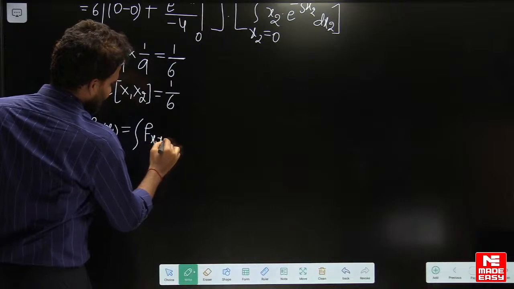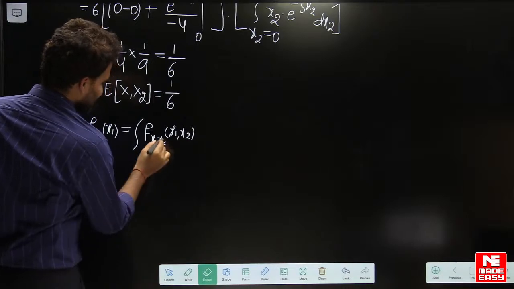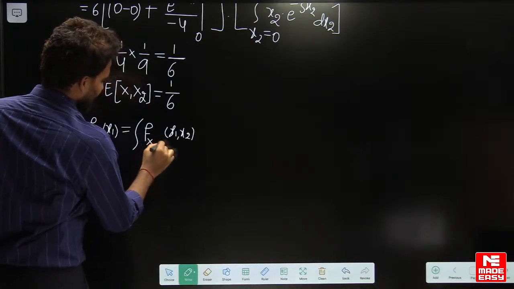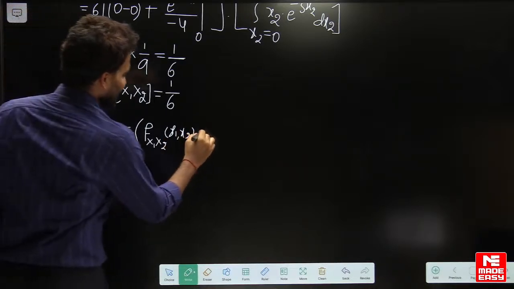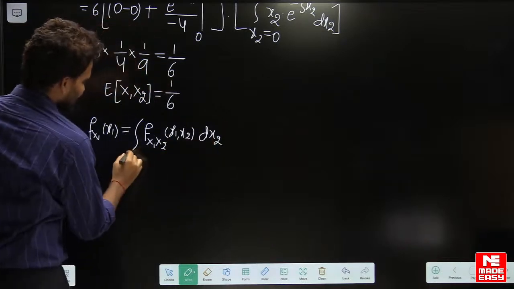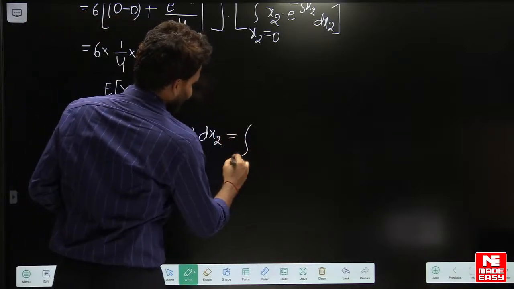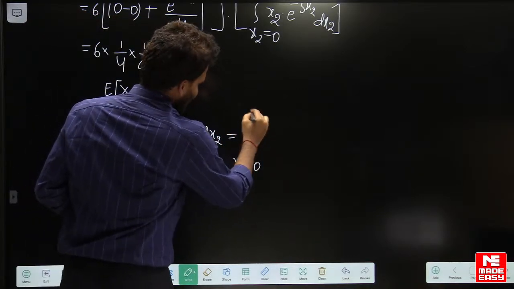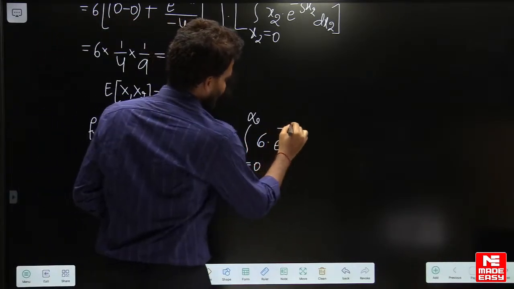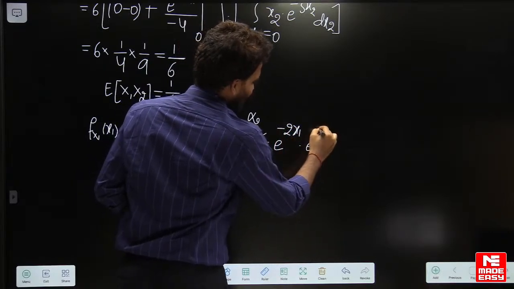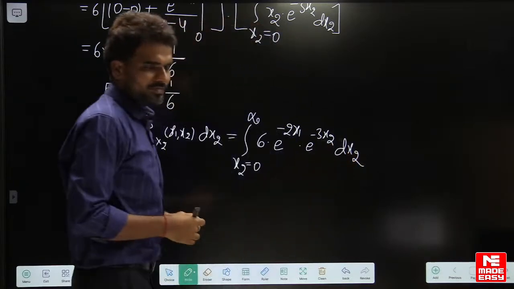Whenever I'm finding the density function of x1, you have to integrate with respect to x2, where x2 takes values from 0 to infinity. So it will be the integration from x2 equals 0 to infinity of the joint density function given, 6 times 2 e power minus 2x1 e power minus 3x2 dx2.